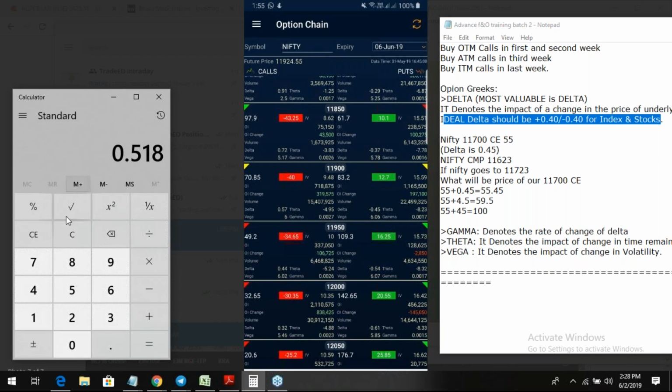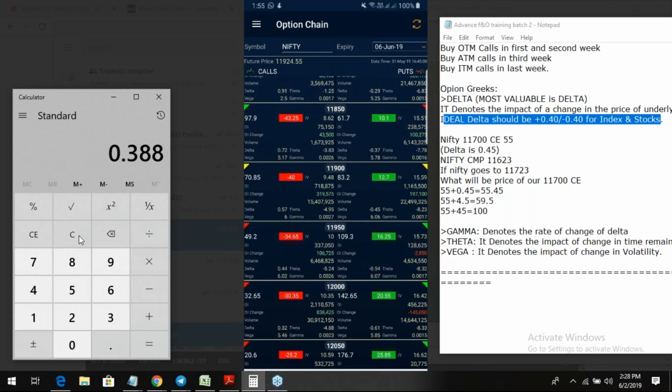How much will delta go down? Now you tell me. If you bought the 11,950 call, the delta is 0.44. But if Nifty goes to 11,880, example, 20 points down, what is the gamma rate? 0.0026 into 20 minus 0.052.